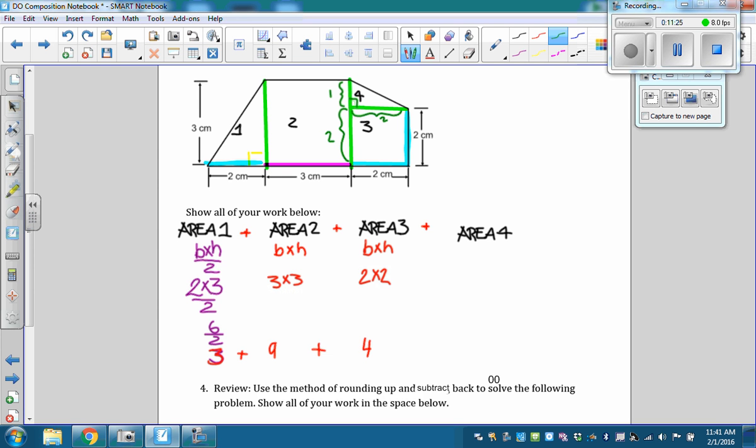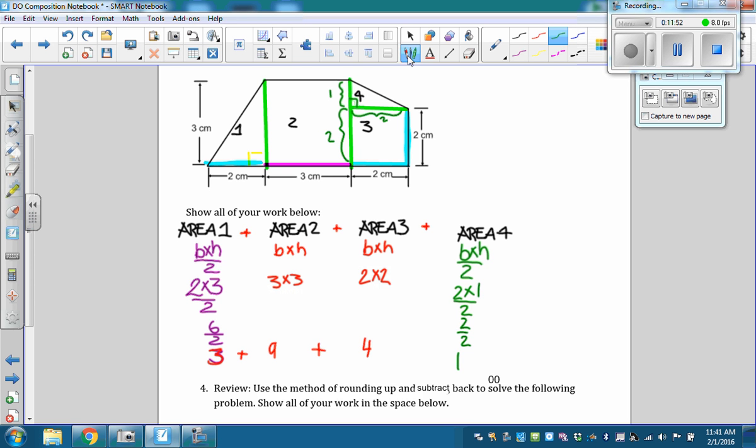So the base times the height there for the triangle is 2 times 1 divided by 2, which is just 2 divided by 2, which is equal to 1.